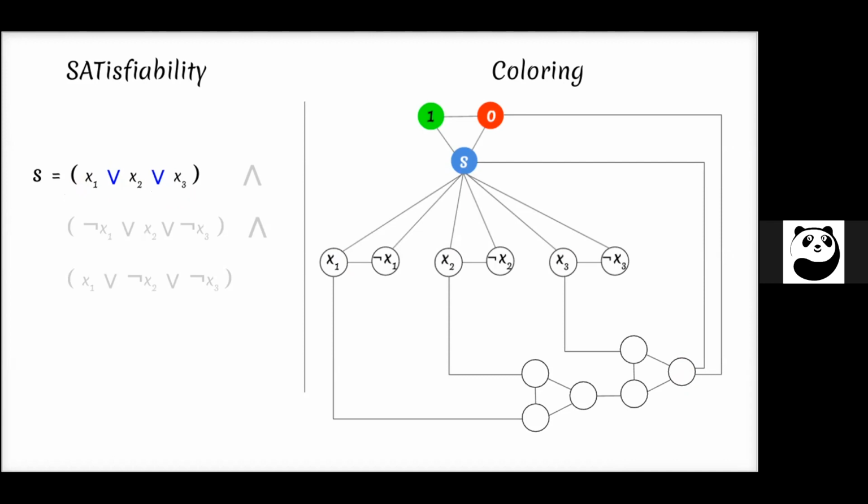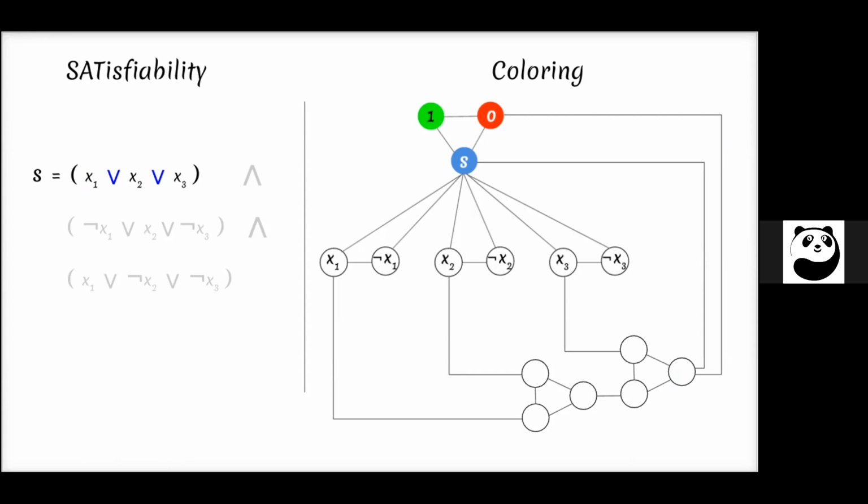So we want to enforce the fact that the output node here is red, 0, if and only if all of them are red. So if x1 and x2 and x3 of the first clause are all 0, the output node is forcibly 0.